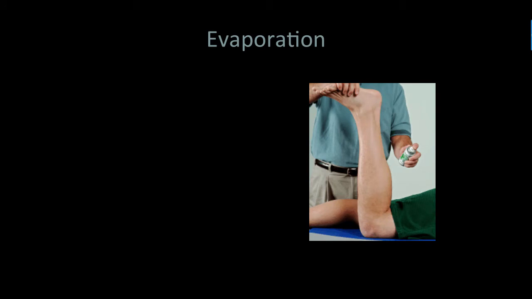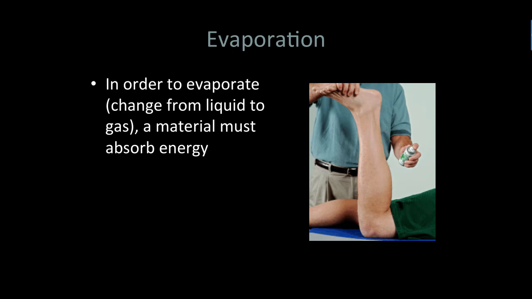it might be something that you do see on your boards. Okay, so another mechanism we use in clinic is what we get from evaporation. What you're seeing demonstrated in the picture there is a little thing called spray and stretch. We'll do that in our lab. What's happening there when we're spraying is we're getting the evaporative effect. And when we have evaporation taking place, we have a phase change.